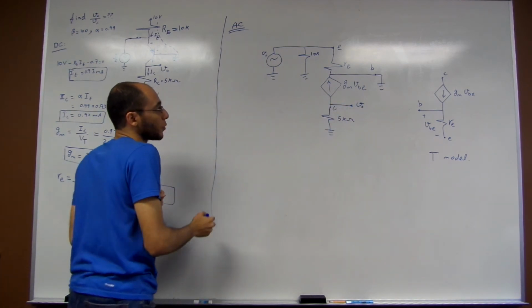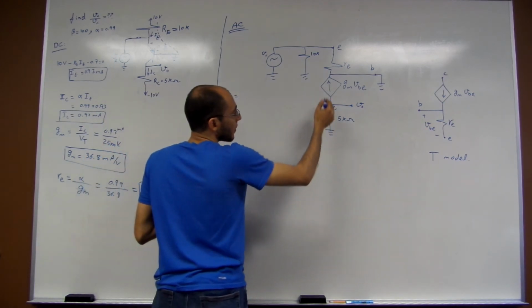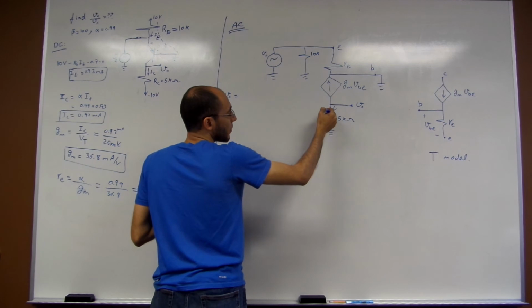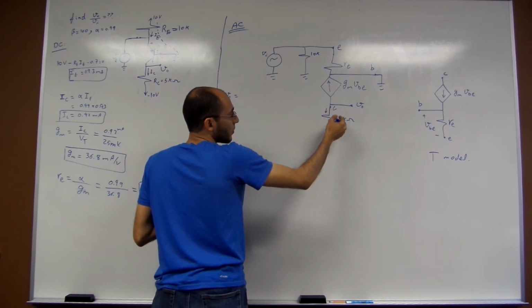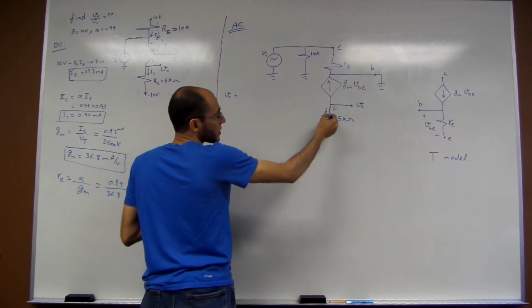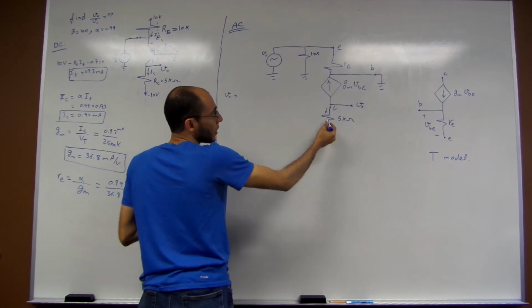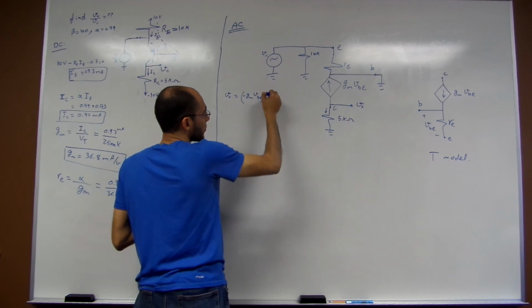Okay? V output is equal to the current passing here multiplied by the 5 kilo ohms. What is the value of the current that passes here from top to bottom? Its value is equal to negative GM VBE. That is the value of the current multiplied by 5 kilo ohms.